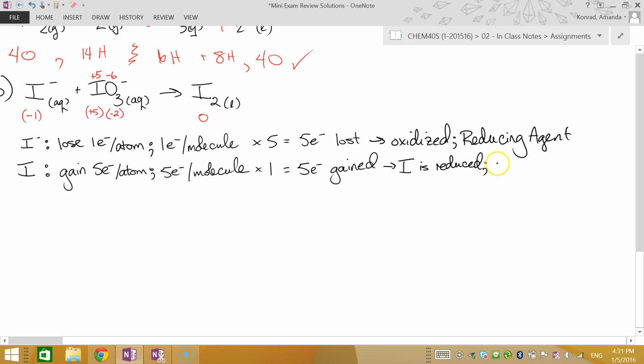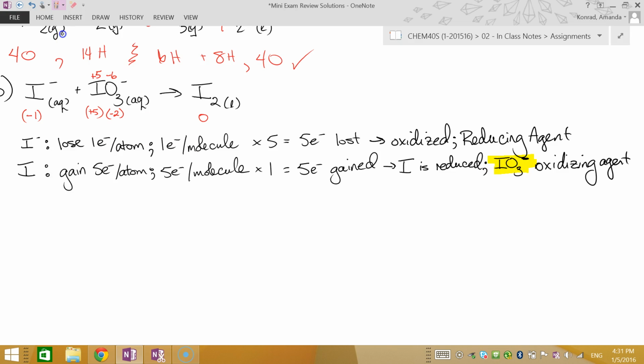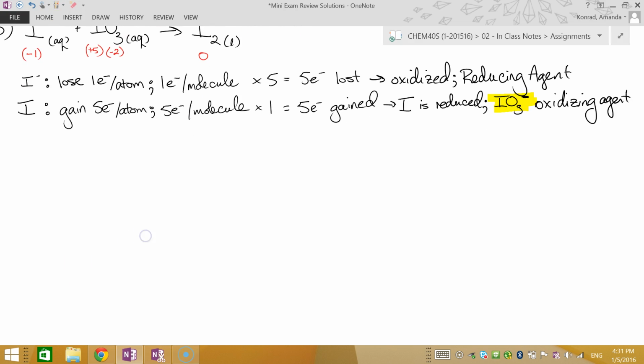So we actually can say that iodate is the oxidizing agent. So this is a key thing. It's a little bit different in terms of what we're considering.